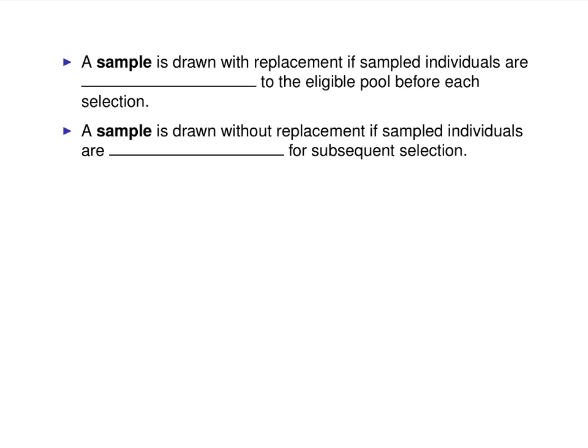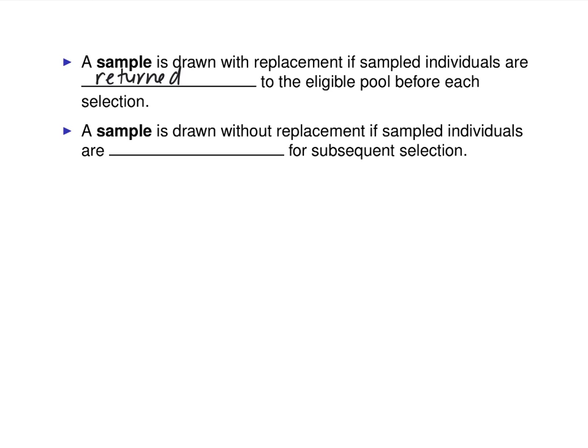Alrighty. So we already discussed this a little bit as well. A sample is drawn with replacement if sampled individuals are, what happens to them? They are returned or replaced. I think returned probably is more accurate because you put them back in the sample.